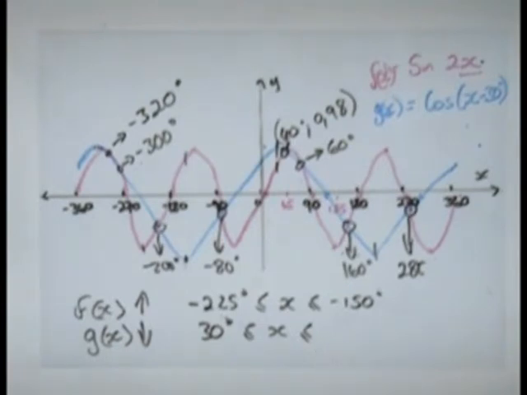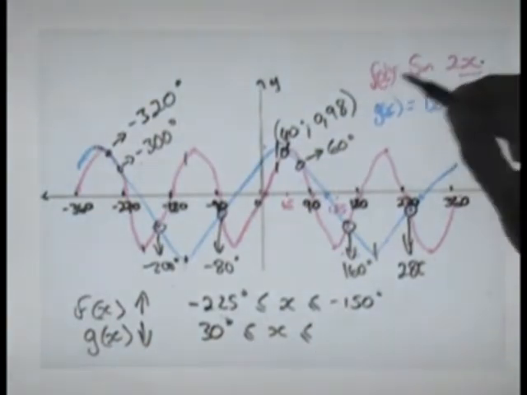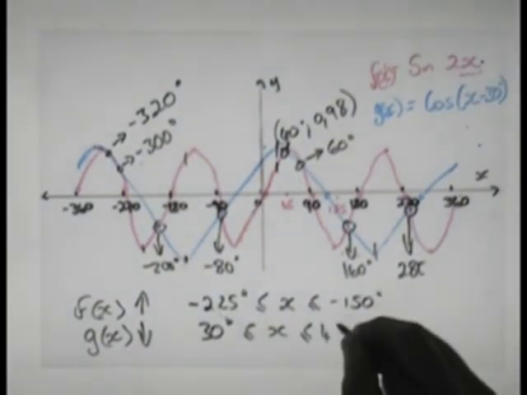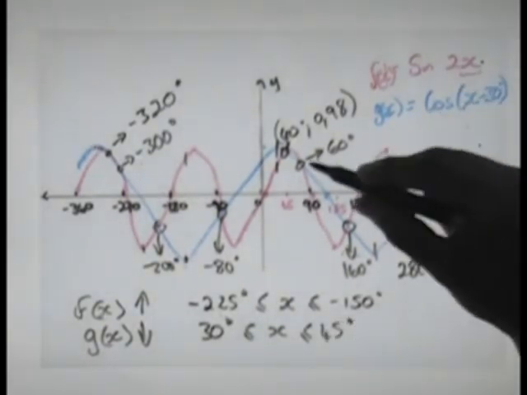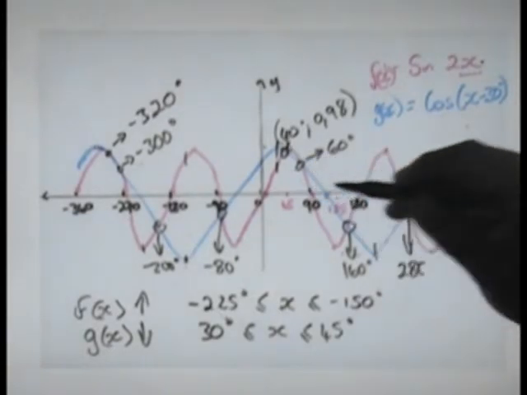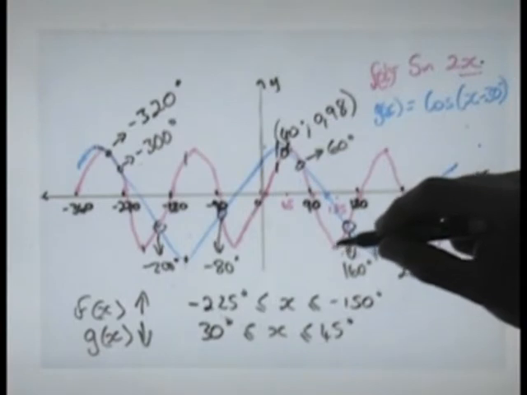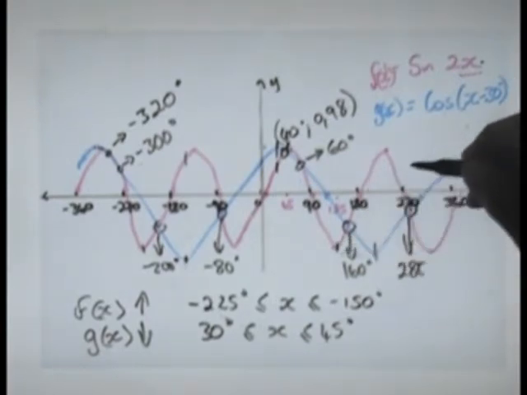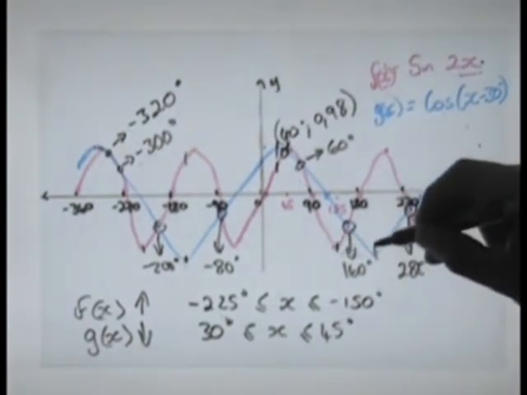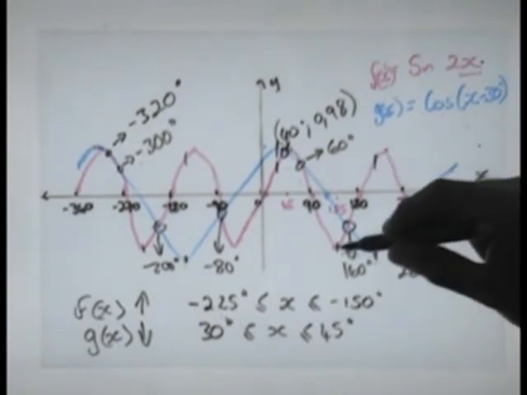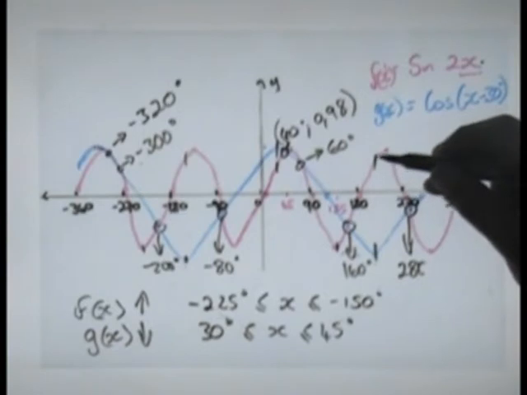All the way up until this f of x peak, which is going to be at 45 degrees, which is over there. Where else? Well, f of x starts to increase from there, but g of x is decreasing up until there. So it's from that point till that point.